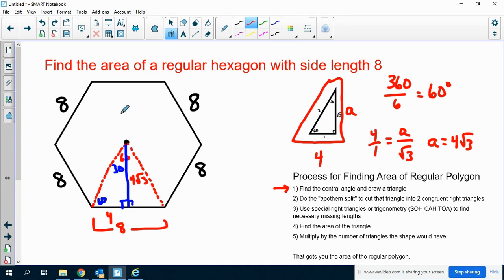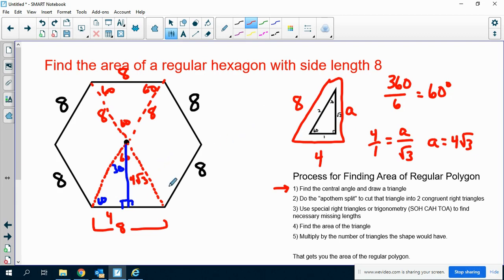I can figure it out pretty quick because each of these triangles is an equilateral triangle, because that's a 60, that's a 60, and that's a 60. So if this side is 8, the radius is also 8, and I can also use the 30, 60, 90 here.